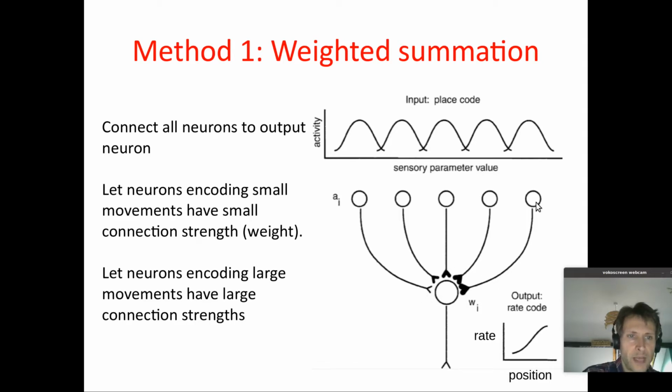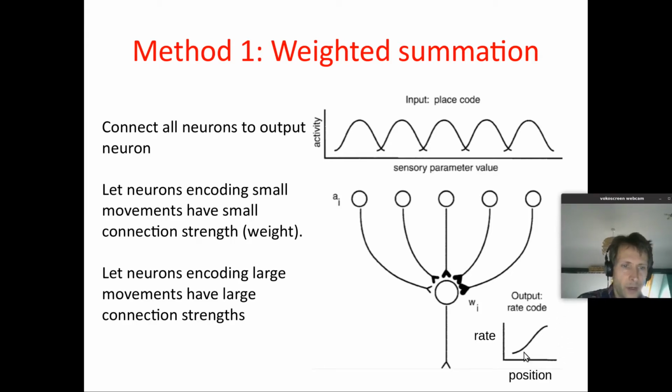So the connection from the fifth neuron is the strongest connection, and the connection from the first neuron is the weakest connection. So that's the idea there, and then we're looking for this output rate code where, as the position increases, the firing rate of this output neuron also increases, hence the increasing weights of these connections.